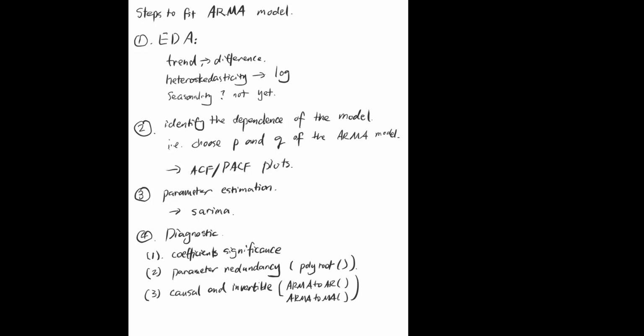If the coefficients converge to 0 in both of these conversions, then our model is causal and invertible. However, if the coefficients do not converge, then our model is not causal and not invertible. This might suggest that you change to another model.